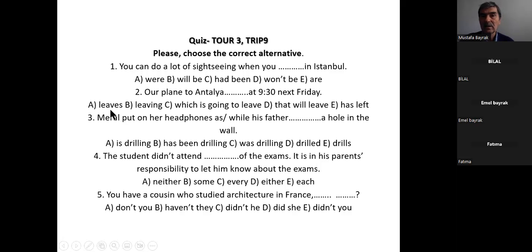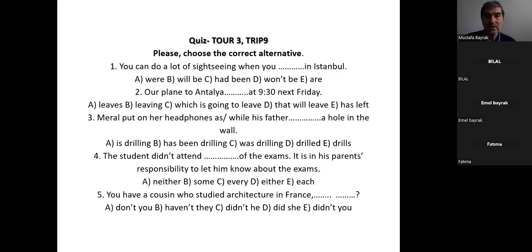We learned that especially travel agencies use present tense, or if there is a schedule, a program, according to the program, we use present tense to express future activities. So our plane to Antalya leaves at 9:30 next Friday.